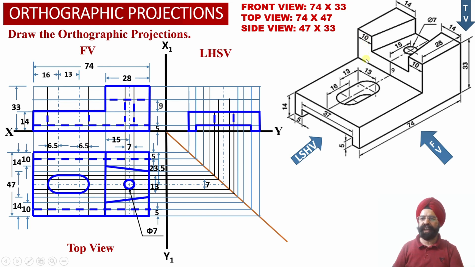Now corresponding to element number 2, this portion is parallel to the profile plane, so this portion will be visible to the observer as a true shape projection over here. So we can check this projection, this is 10 mm, this is 10 mm, this is 10 mm, this is also 10 mm. So now this projection happens to be true shape projection corresponding to this surface which is parallel to the profile plane.